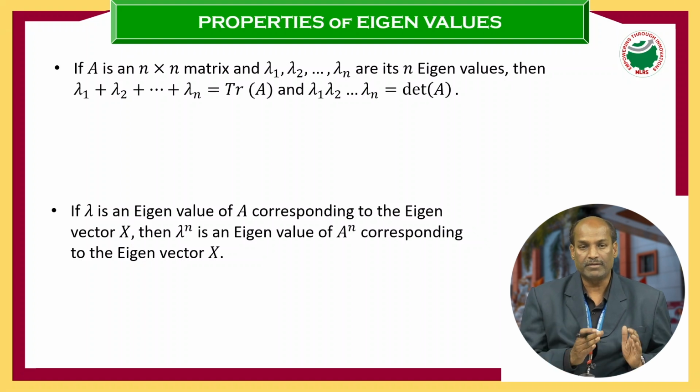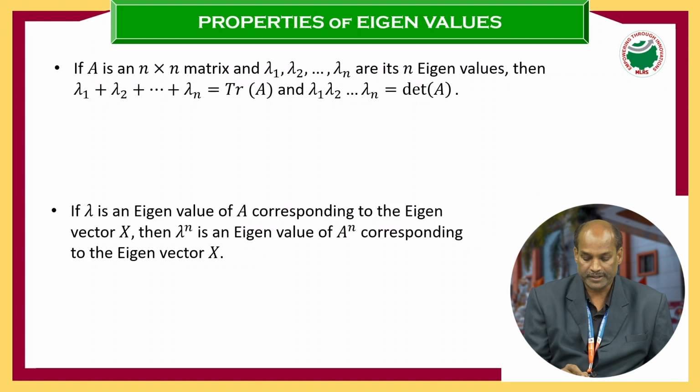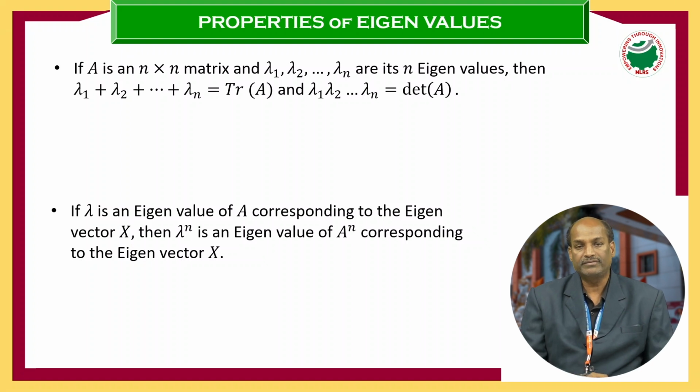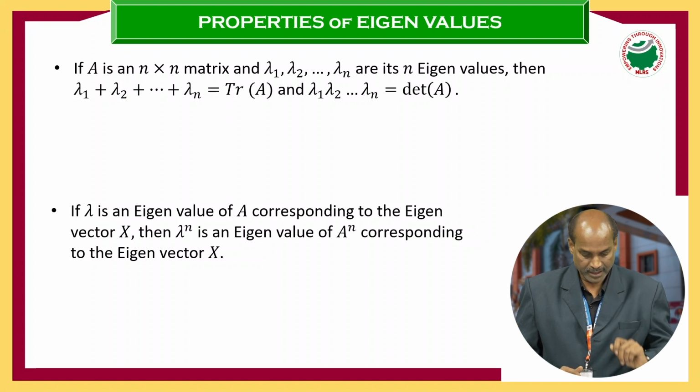So that means the sum of the eigenvalues of A equals the sum of the diagonal elements of A. That is one property. And similarly, the product of the eigenvalues, that is lambda 1, lambda 2, and so on, lambda n, equals the determinant of A. So that is one property.